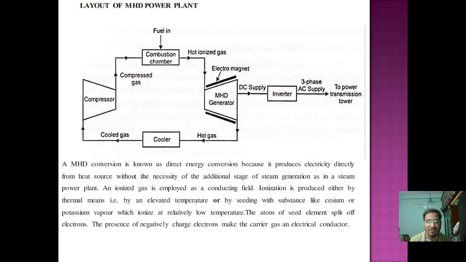You can watch again if you want how the cool gas is converted to the hot gas, and the hot gas is ionized in the generator, and with the electromagnet the DC current will be produced, and it goes to the inverter, and then three-phase supply, and then the last one is the power transmission tower. Then the power transmission tower distributes the electrical energy everywhere in the surrounding area.